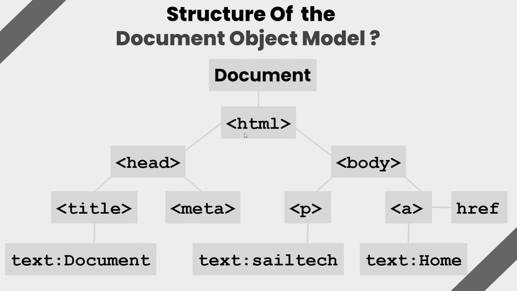And now after this element, we actually have the next two categories of elements, which are the head and the body. So this structure of the DOM appears to be in a kind of hierarchical order, and it begins with the document at the first level, the HTML element at the second level, then we have the head and the body at the third level.